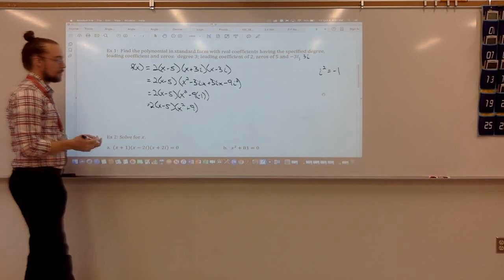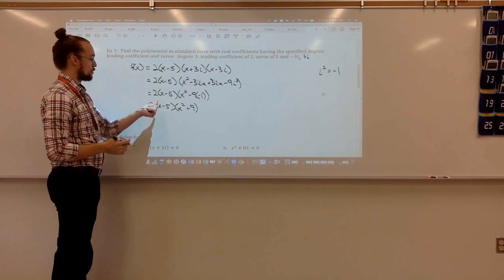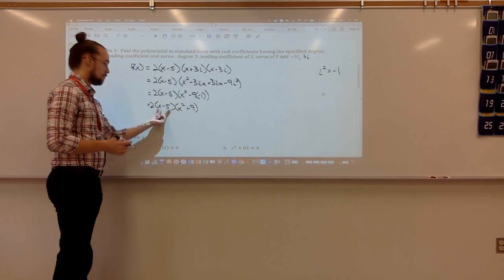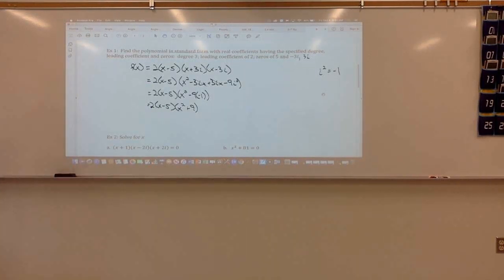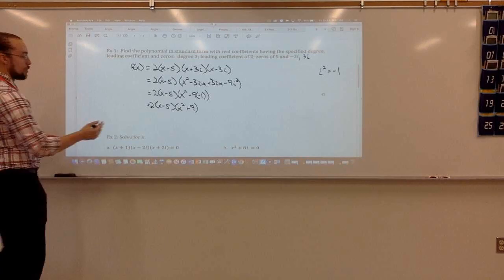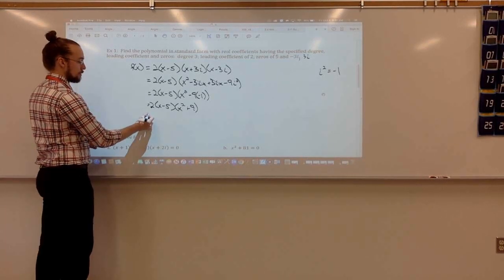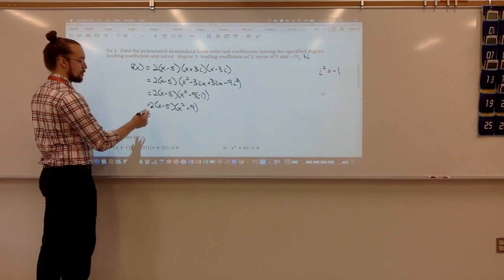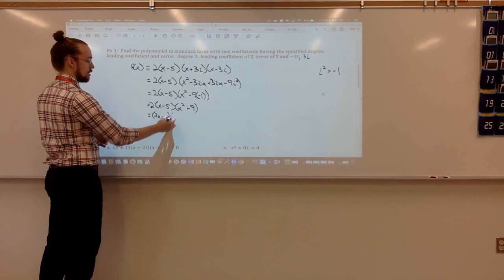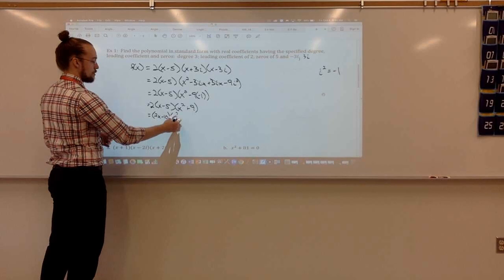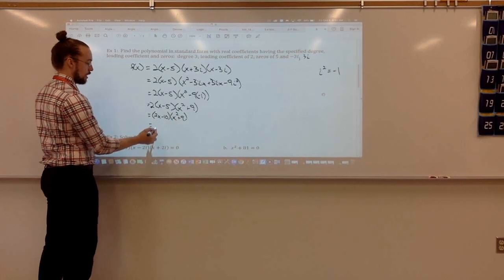From here, we could either distribute the 2 through first, or we could multiply the two binomials and then distribute the 2. It doesn't really matter what order we do multiplication in. I'll distribute the 2 through first. So 2x minus 10 times x squared plus 9. And then we're FOILing.